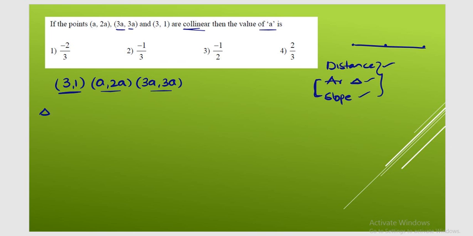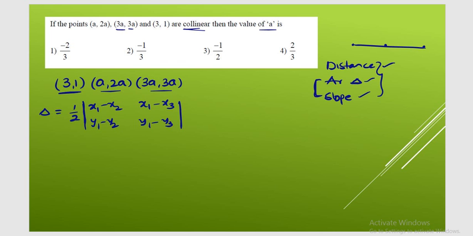Now since we know the area of triangle formula, this is the short formula: half into x1 minus x2, x1 minus x3, y1 minus y2, y1 minus y3. This is nothing but the formula in determinant form: half into the determinant of x1 minus x2, x1 minus x3, y1 minus y2, y1 minus y3.